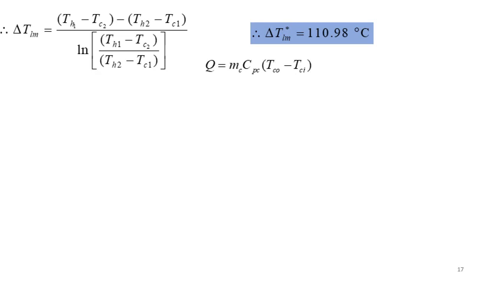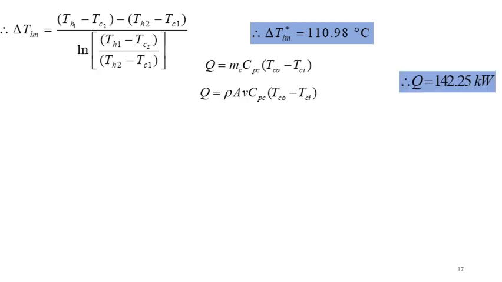Then you can also calculate Q, mc Cpc into Tc0 minus Tci. Here mass flow rate is unknown, so you can calculate the mass flow rate once you know the velocity. It is rho into A into V. Substituting all the values, we will get Q is equal to 142.25 kilowatt, and U is known, so Q is equal to UA into LMTD.